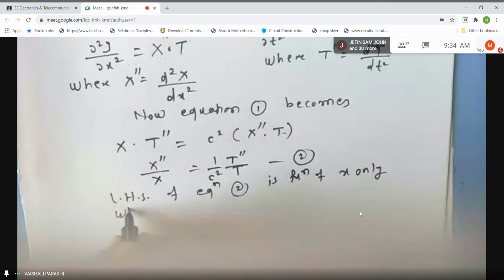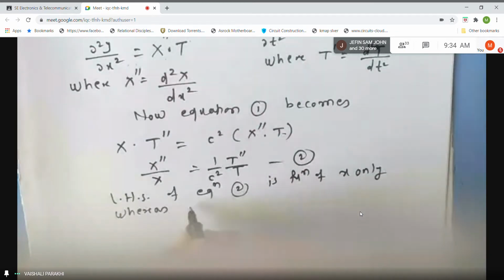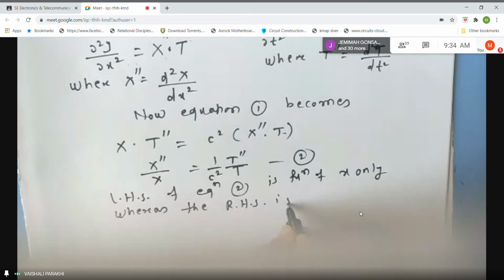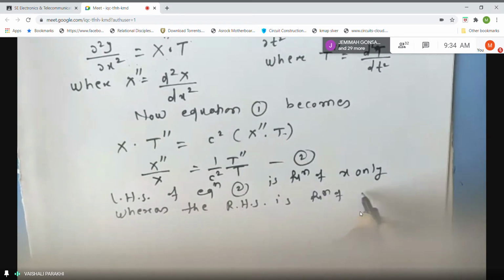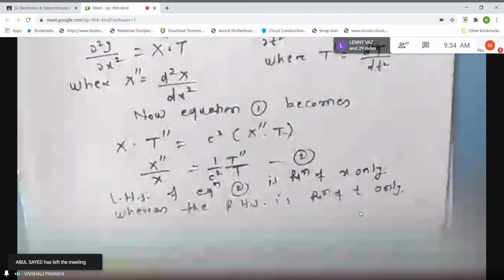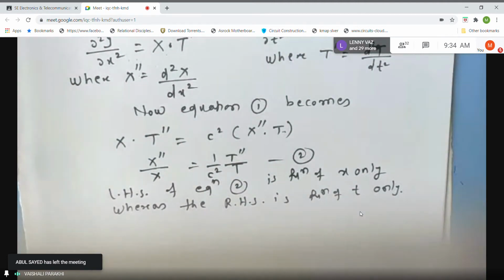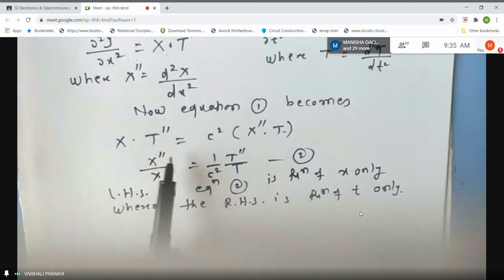Whereas the right hand side is a function of t only. Why small t, students? Because capital T is nothing but a function of small t. Capital X is nothing but a function of small x. That's why the left hand side is fully in terms of x and the right hand side is fully in terms of t. Constant will not make any difference. Okay.